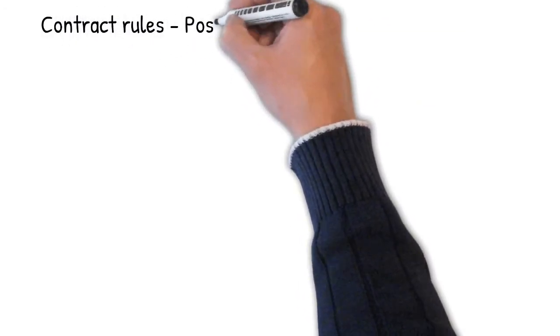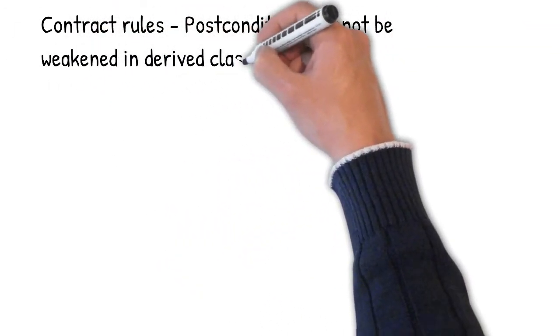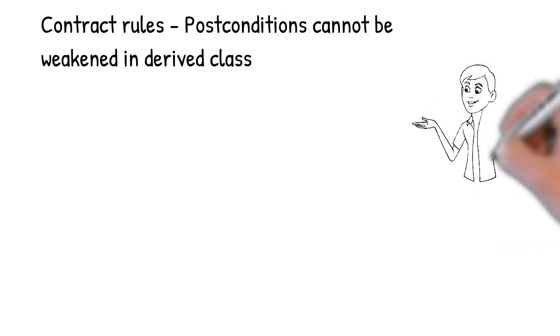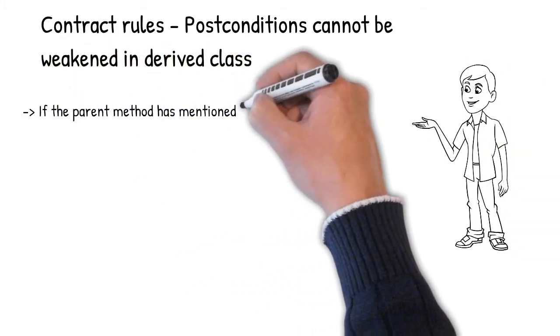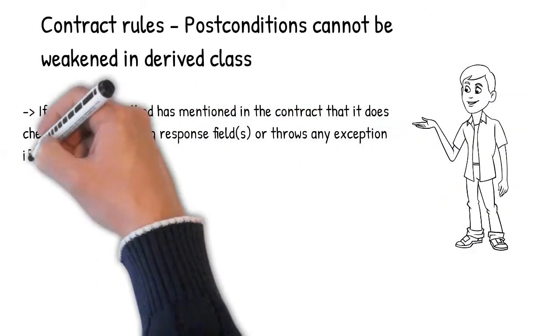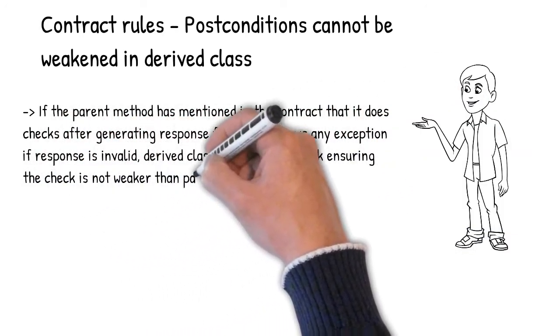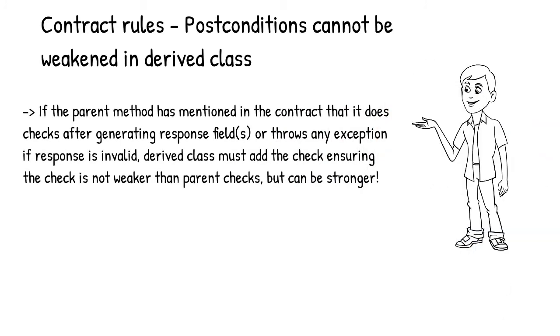Let's move to the second contract rule, which indicates that postconditions cannot be weaker in the derived class as compared to the parent class. Which means if the parent method has mentioned in the contract that it does some kind of checks on the generated response or throws an exception if the response is invalid, then the derived class must also add checks on the response, ensuring those checks are not weaker than what the parent was actually doing.